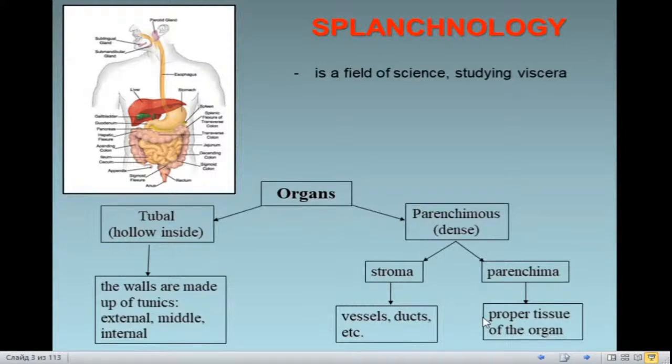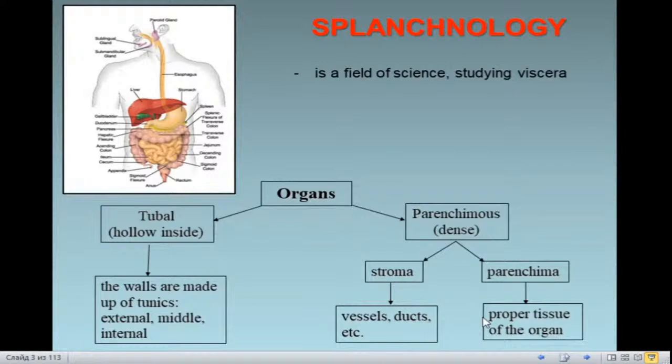Then we come to the parenchymatous organs, or dense, fleshy organs. They are divided into stroma and parenchyma. So what is stroma?